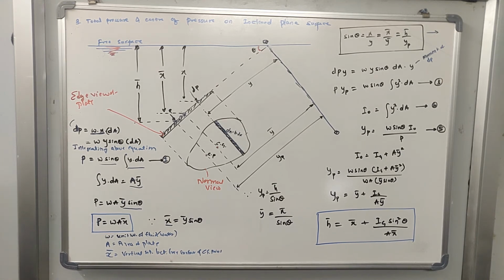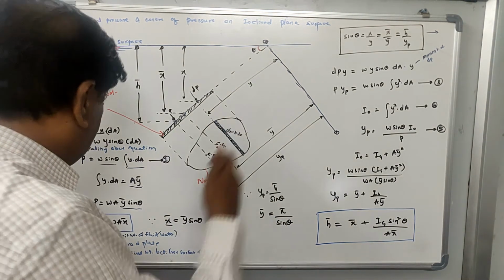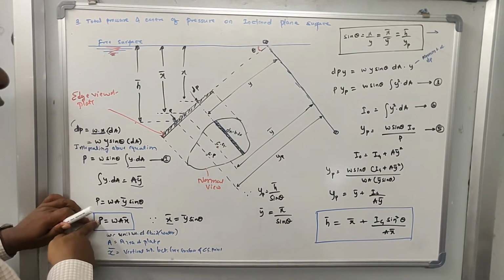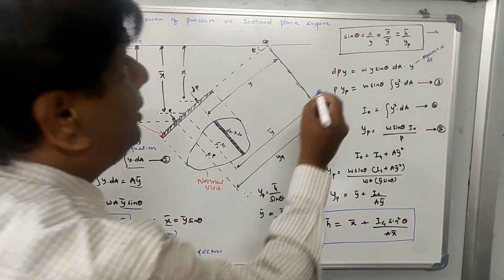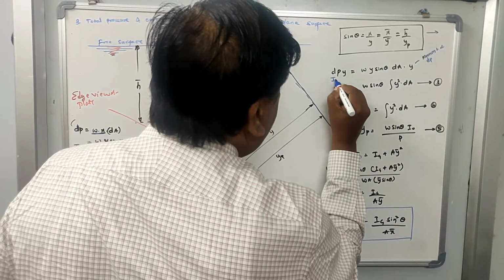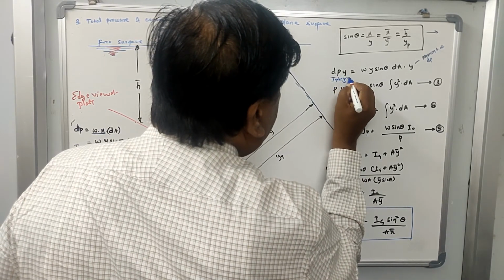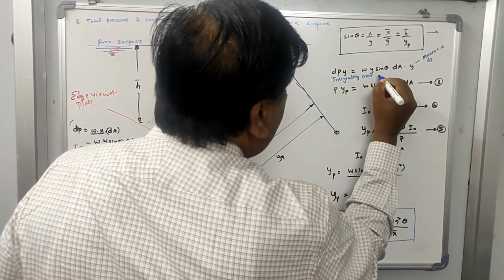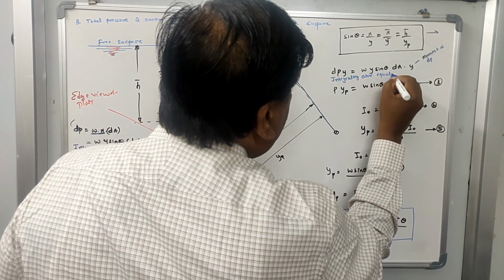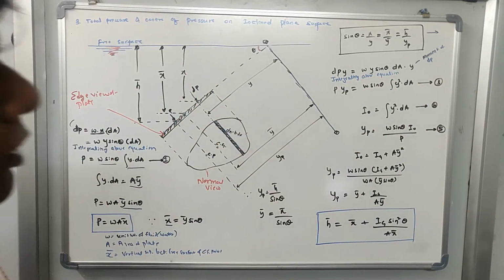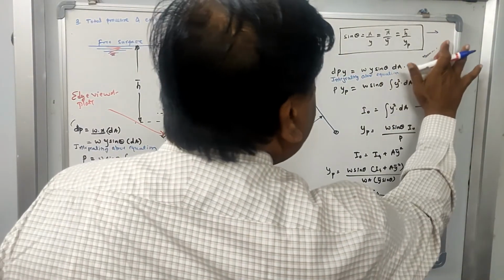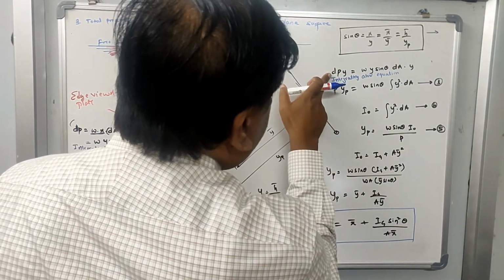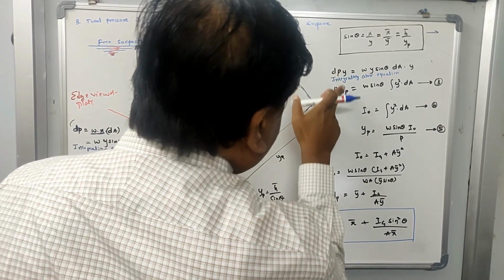Now what is the total moment? The total moment of the total pressure P. For that you integrate this equation. So the integration of dP is P and y is yp.